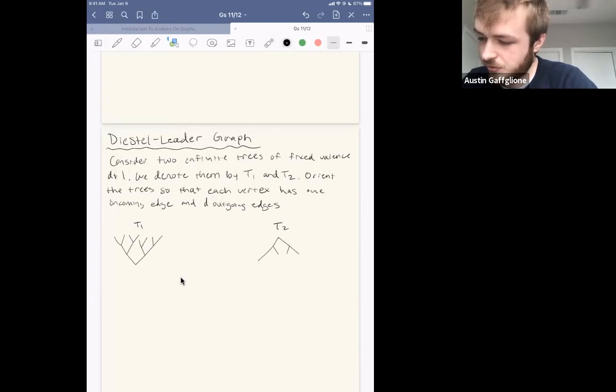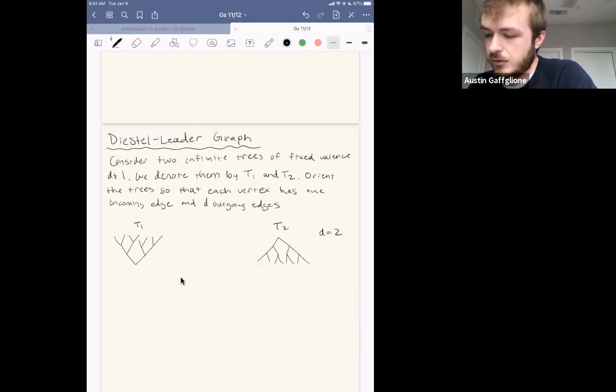Okay, so for T2, we have something like this. T1 and T2 are both, in this particular case, D equal to 2, so each vertex has degree 3, with one incoming edge and 2 outgoing edges.